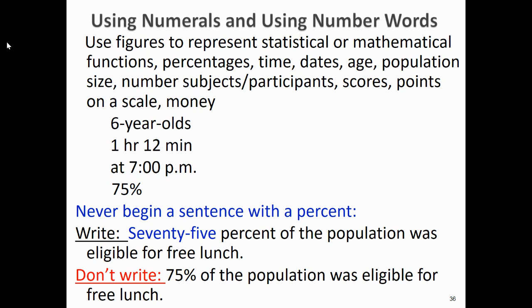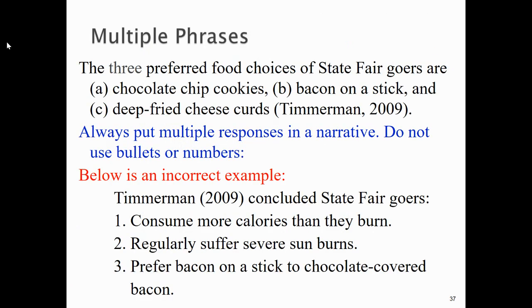If you have a percent, you don't want to begin your sentence with the number. You would want to begin it as a phrase or a word, like 75% of the population, you need to write out the word 75. A few more rules with multiple phrases. You want to use A, B, and C separated by parentheses rather than list them as bulleted numbers.